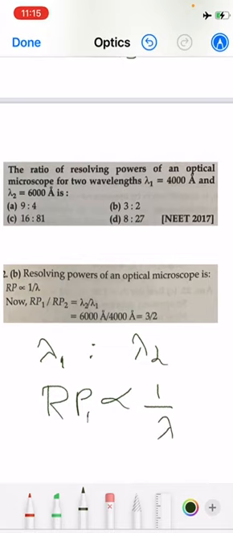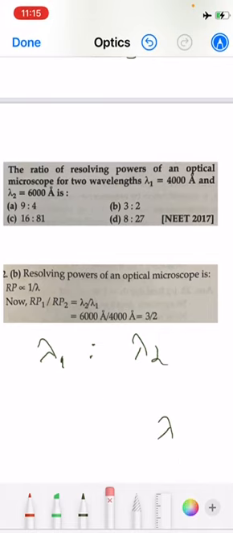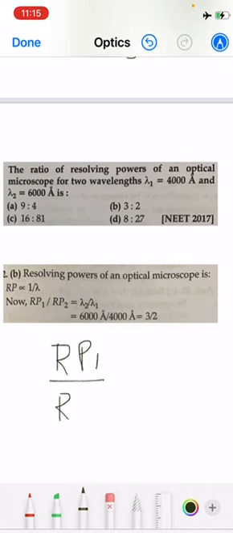That means resolving power 1 will be inversely proportional to wavelength 1, and resolving power 2 will be inversely proportional to wavelength 2. Therefore, if I take the ratio of resolving power 1 is to resolving power 2, I'll get exactly opposite, which is lambda 2 by lambda 1.